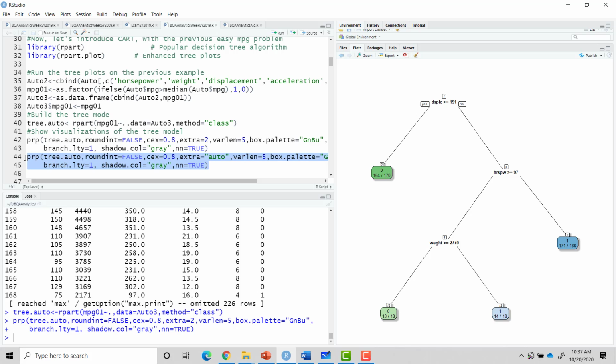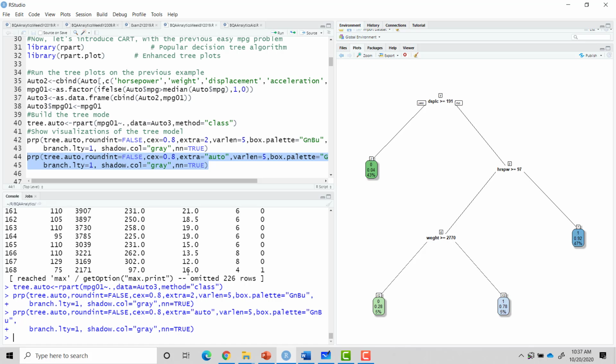Let's look at the other kind of interpretation of this. Okay, so this is classified as 1. Now, it actually has the proportion of the class which is true. So this is 92% 1. This is 4% 1. Now, how do I know which way round it is? Well, you can work it out from this.